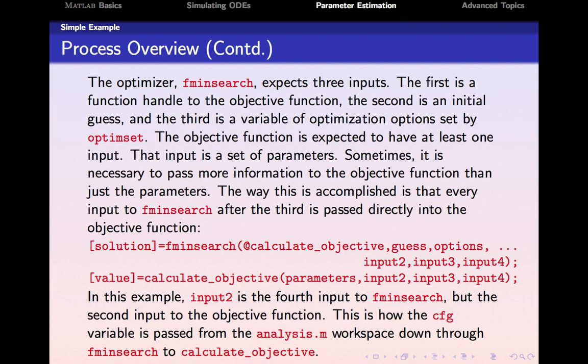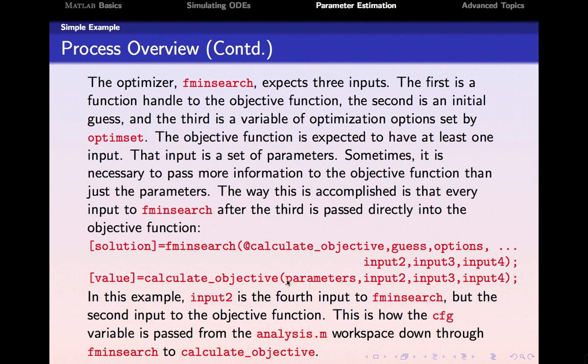Now, we need to be able to specify more information. For example, we need to be able to send into your observation details file possibly data, right? So that you can format your observations data structure correctly. So you want to put the data in that as well. The way that this is done is everything that fmin search is sent after the options is passed directly on to calculate objective.